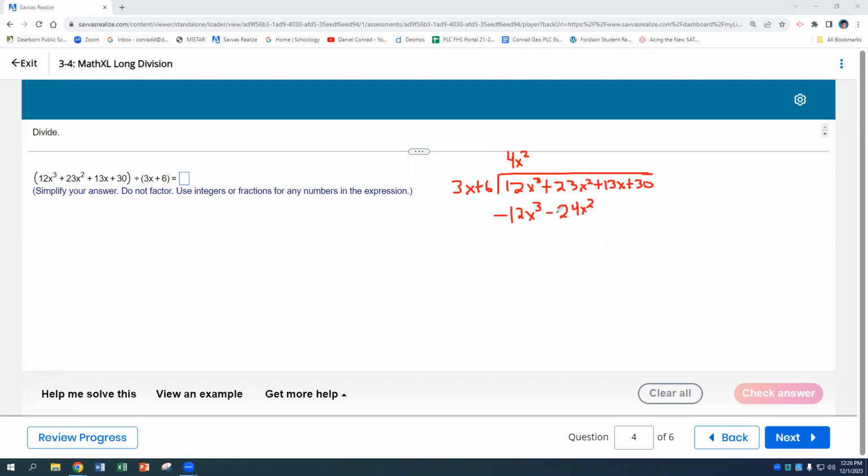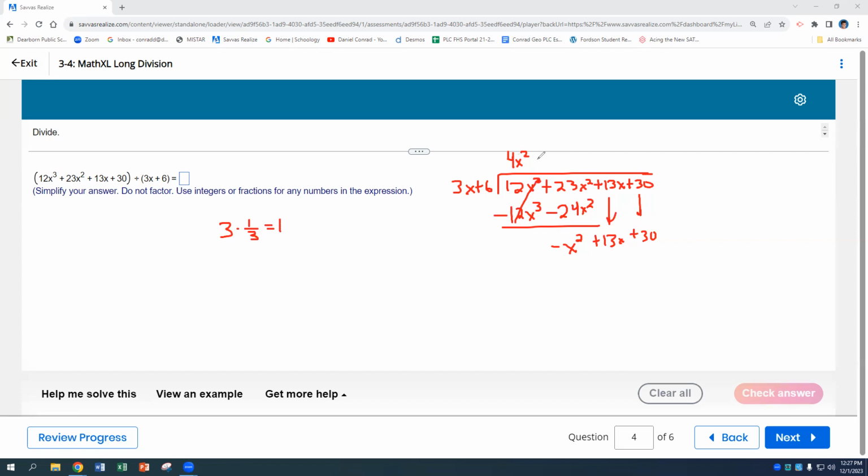Okay, we're subtracting, so I'm going to do minus and minus. That's going to give me negative x squared. We're going to bring down the plus 13x and the plus 30. Okay, what times 3x is going to give us negative x squared? So to get rid of a 3, you need to multiply by 1/3. That's going to give you 1.